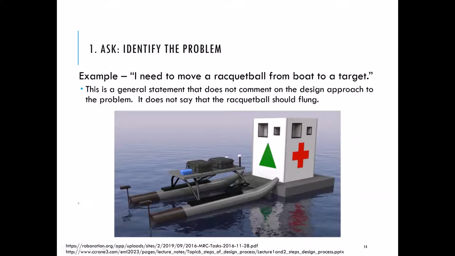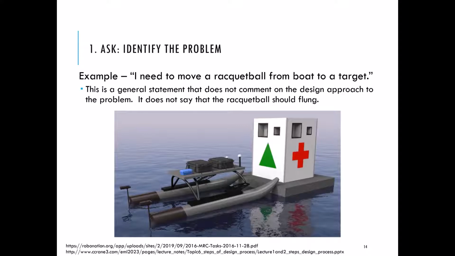So when you're in this stage of identifying the problem, which is the first part of asking, you want to be very vague, okay? You don't want to say things like, we need to make a device that is going to launch the racquetball from the boat to a target.